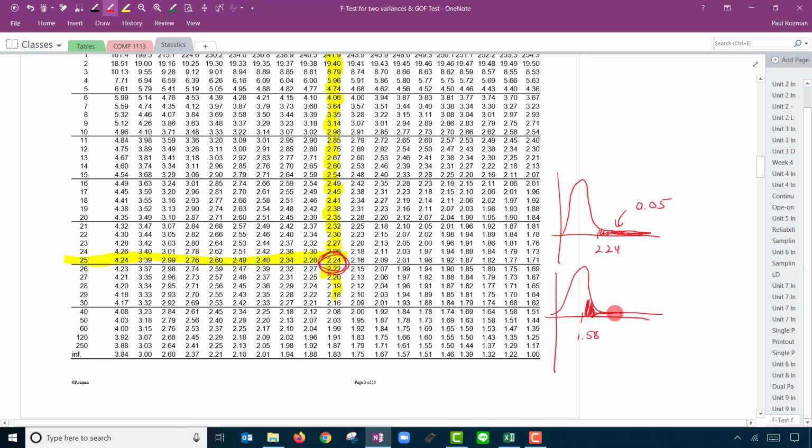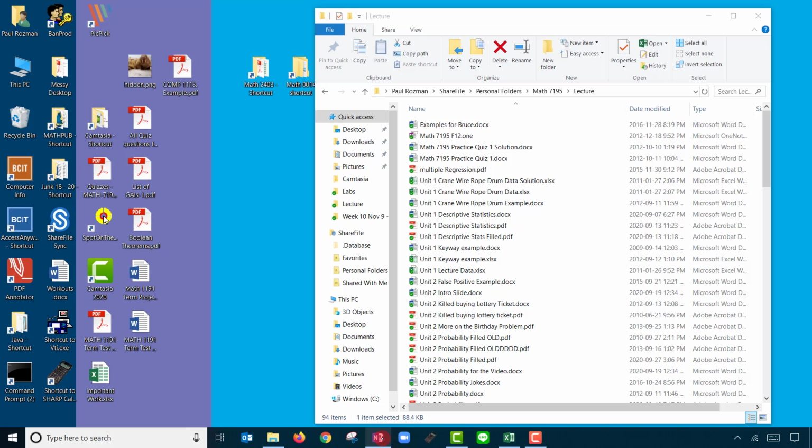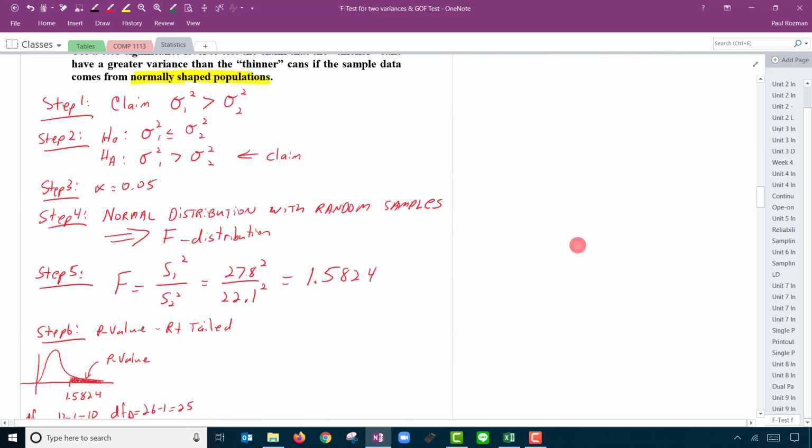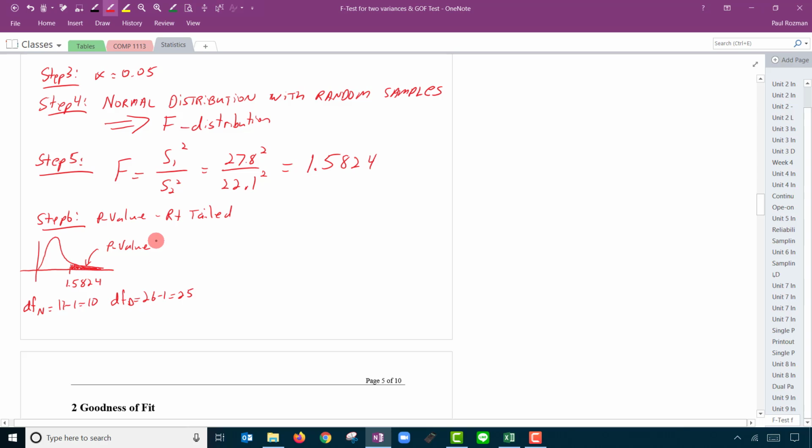It's going to be more, right? I don't know what this area is, but it has to be bigger than that one. So my p-value is going to be greater than 0.05, even though I wasn't able to find it in my table. And that's enough for us to make this decision. Even though I couldn't find it in the table, I know that it's greater than 0.05. And that is important because that's what our significance is for this test.